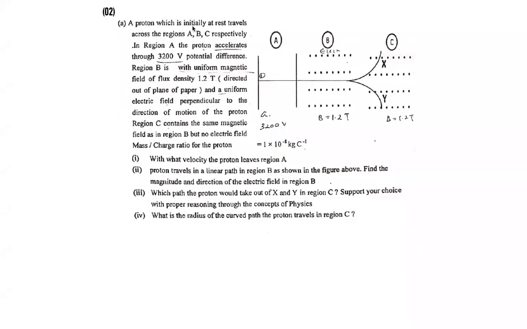Question number 2. A proton which is initially at rest travels across regions A, B, C respectively. In region A, the proton accelerates through a 320 volt potential difference. So there is a potential difference. Some numbers are marked. These things should not be marked on the diagram, but they are anyway. But right, let's mark them.